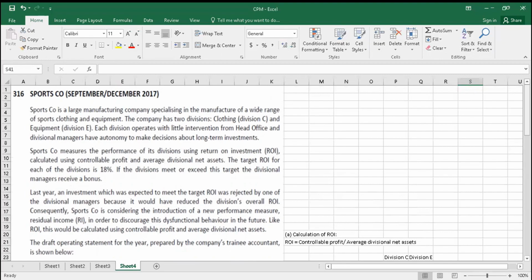Each division operates with little intervention from head office. Then we see that target ROI is 18%. Last year, an investment which was expected to meet the target ROI was rejected by one of the divisional managers because it would have reduced the division's overall ROI.